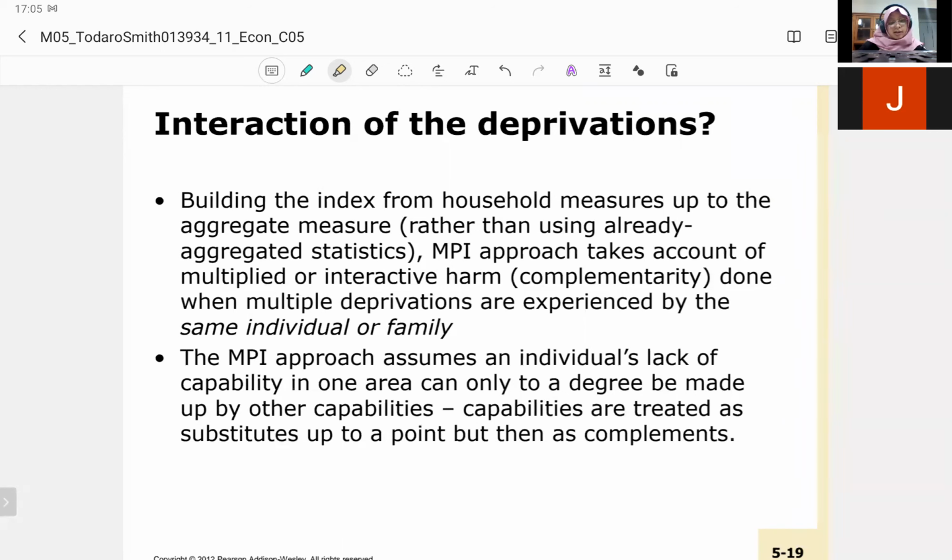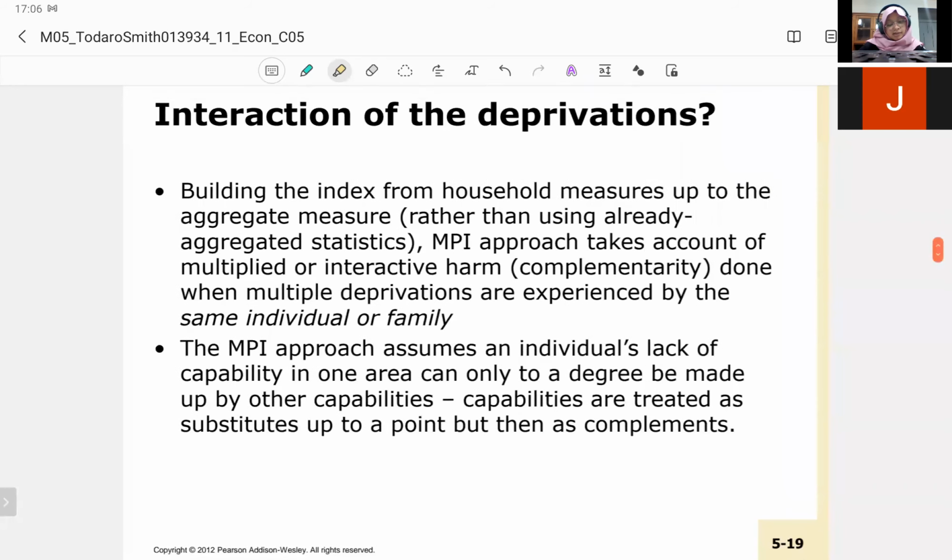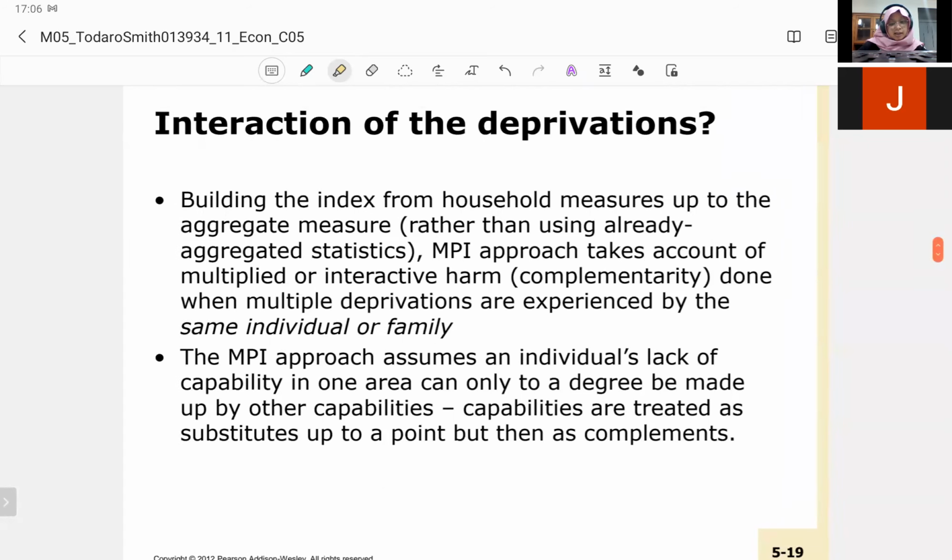Rather than using already aggregated statistic, the MPI approach takes account of multiplied or interactive harm done when multiple deprivations are experienced by the same individual or family. So with the MPI, they will build the index from a household, and then they will aggregate the index.